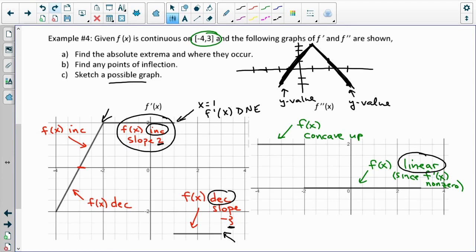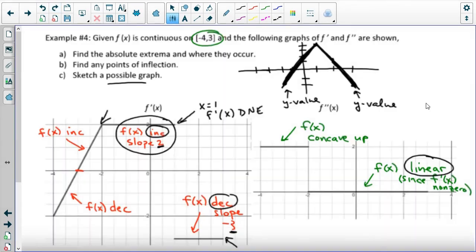Now I'm going to take a look at the back part of the graph. My slope is changing and increasing from -3 to -2. My slope is never any bigger than 2.